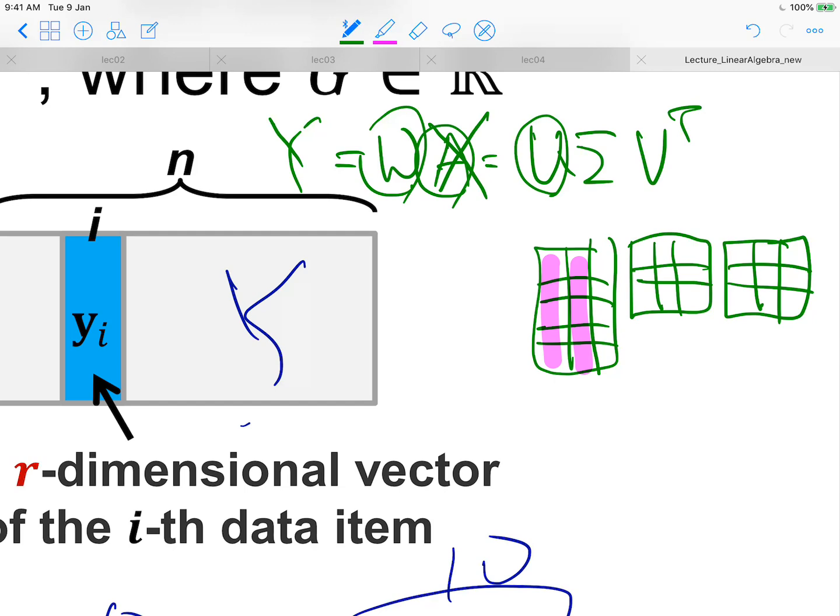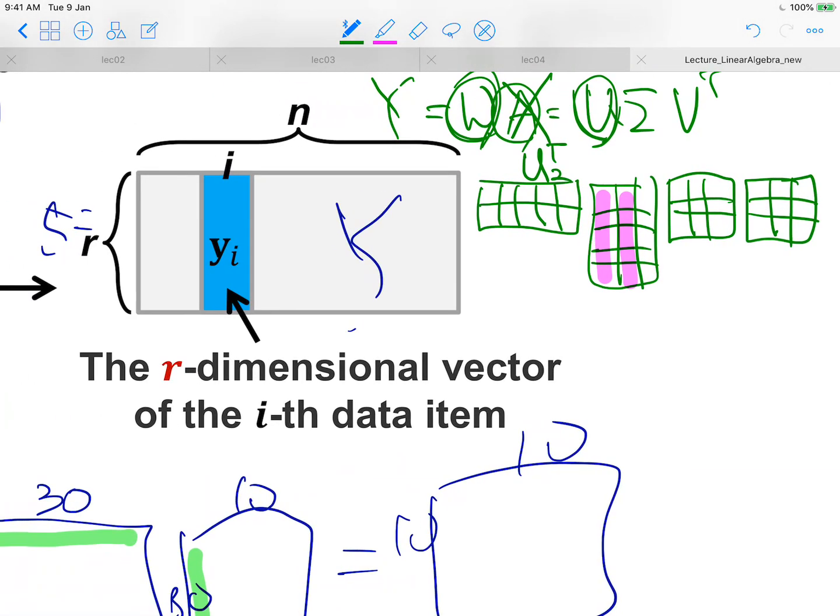So we pick up the first two columns of U, and this is the optimal solution for W, and let's call it W2 transpose.